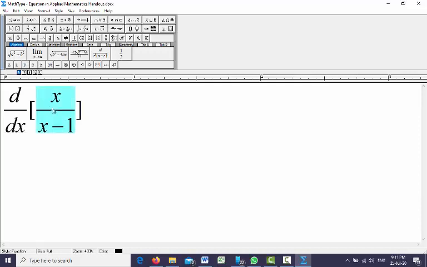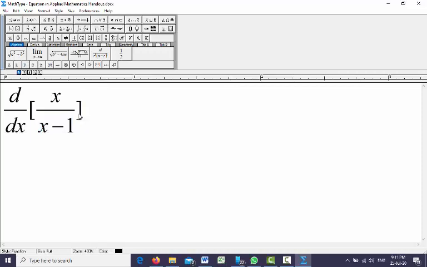to do the differentiation of this one, if you want to apply multiplication rule only, in that case you can move this one up and do the differentiation using multiplication rule.